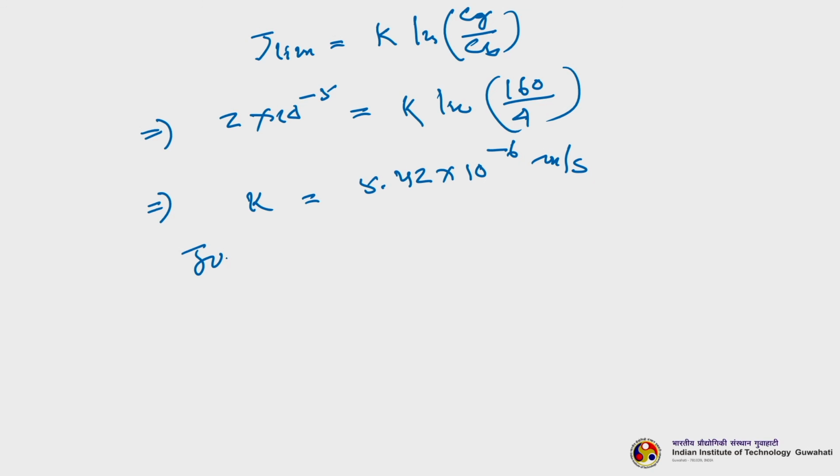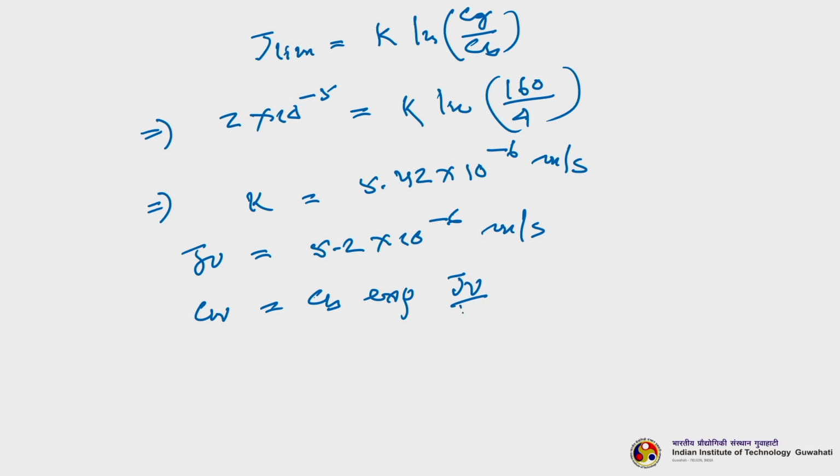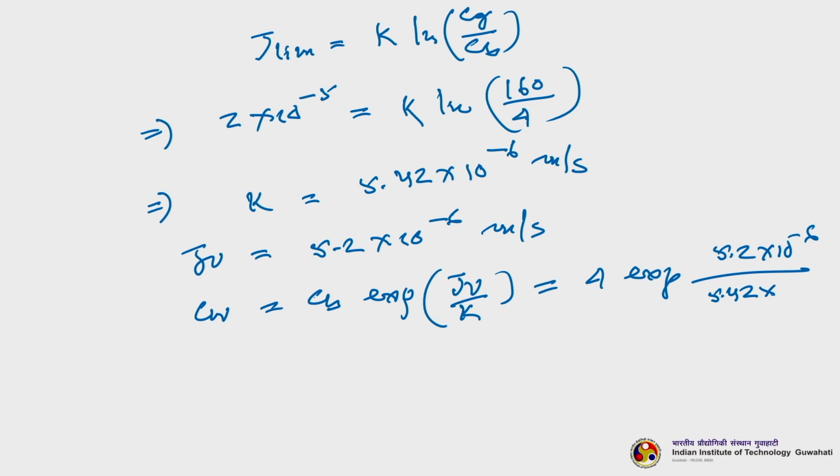At a certain constant velocity, the permeate flux is given as 5.2 into 10 power of minus 6 meter per second. So, you have to calculate Cw equals Cb exponential to the power of Jv by k. So, it is 4 exponential to the power of 5.2 into 10 power of minus 6 divided by 5.42 into 10 power of minus 6.